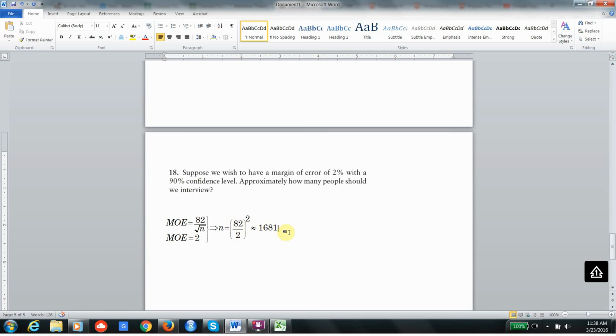So then I might need a little bit under 2,000 people. In fact, we could figure it out really quick. 100 divided by 2 is 50. Squaring 50 is going to give us 2,500. So you can see somewhere in the ballpark of 1,000 to 2,000 people actually gives you a pretty good margin of error.